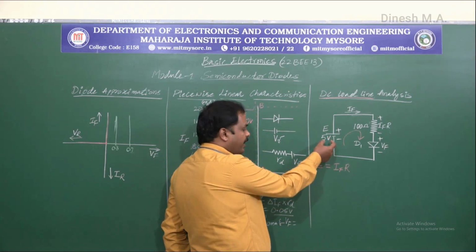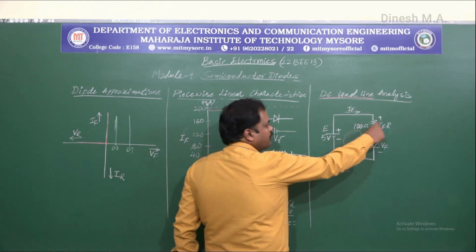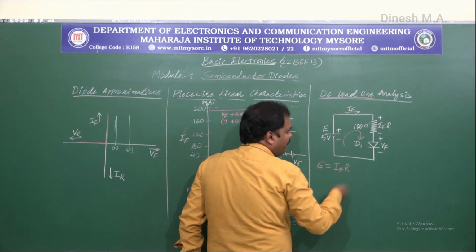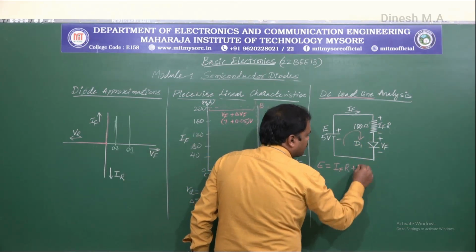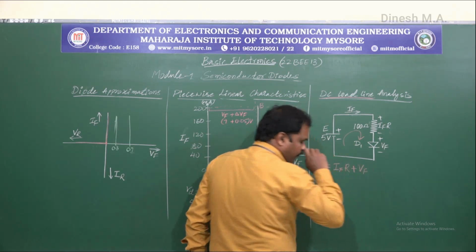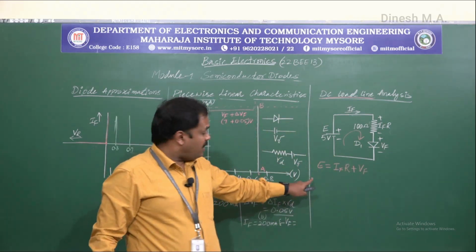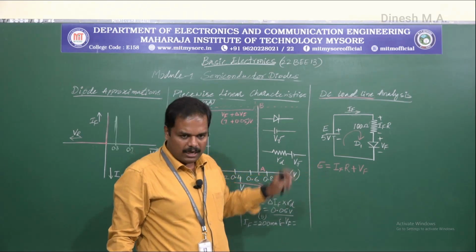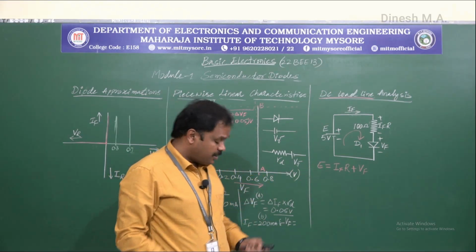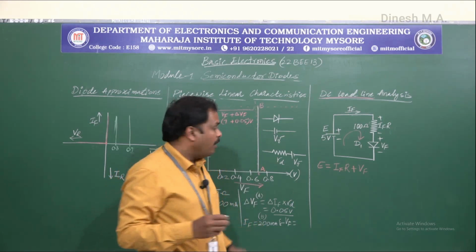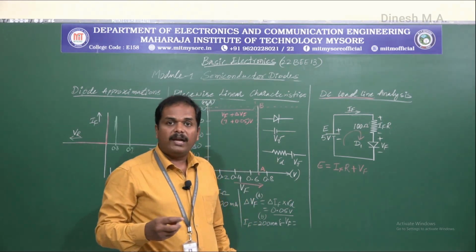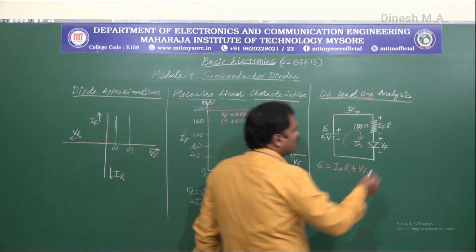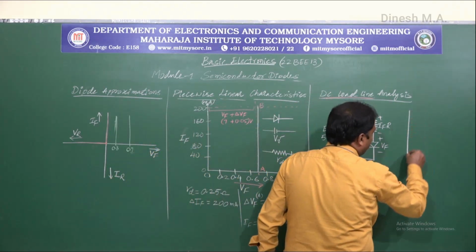So this supply voltage E is equal to the algebraic sum of these two drops. So E is equal to IF into R plus VF. So this is the equation we would use to draw the DC load line. Now, where will we be drawing this DC load line? Over the forward characteristics of the diode. So let us draw the forward characteristics of the diode.